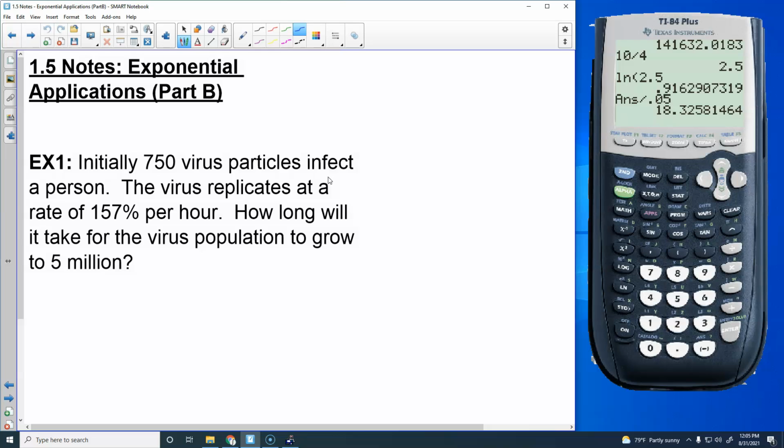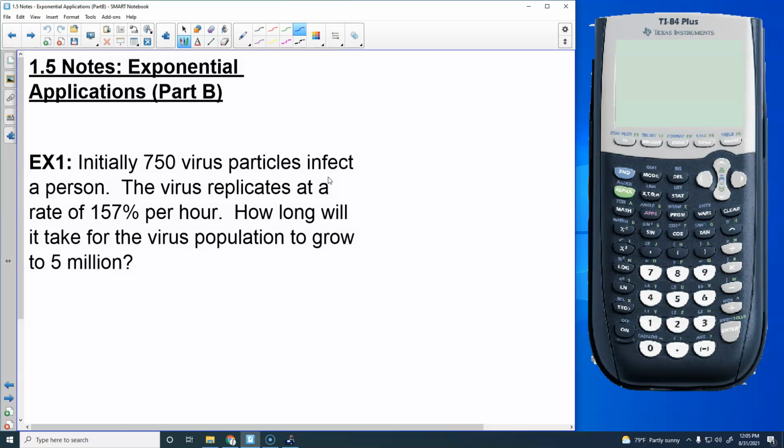If you are an actual medical researcher, you would have a lot of data on this and see which one fits your data the best. For me, if I want you to use the e formula, I'm going to put the word continuously somewhere in the problem. I did not say continuous growth anywhere here, so we're just going to use regular exponential growth for this one.